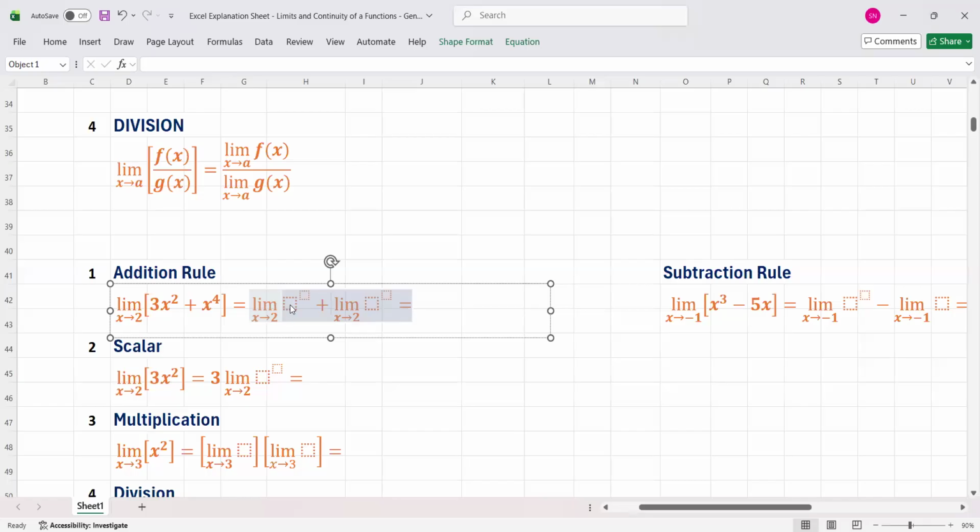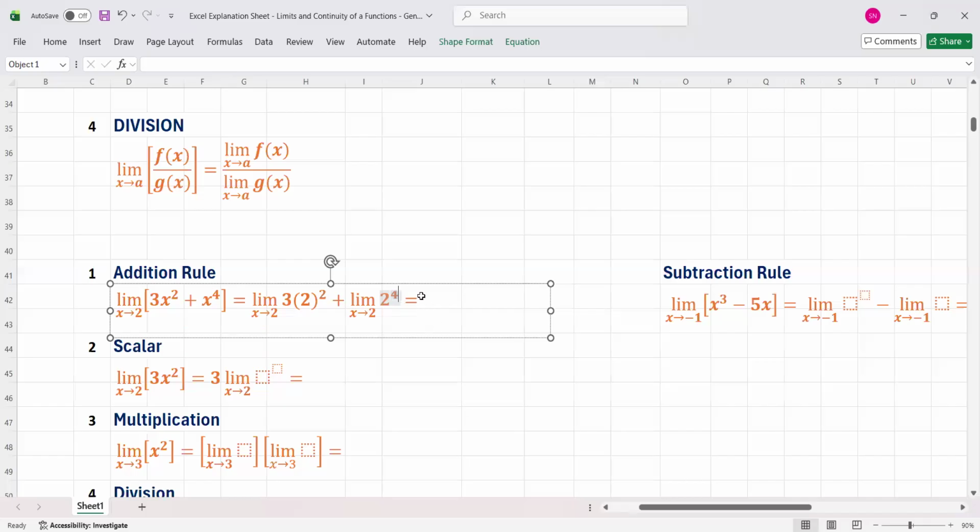Okay, so let's do it together. If I substitute 2 into 3x squared, I'm going to get 3 times (2) all raised to the power 2. And then for this one, if I substitute 2 into x, I'm going to get 2 raised to the power 4.